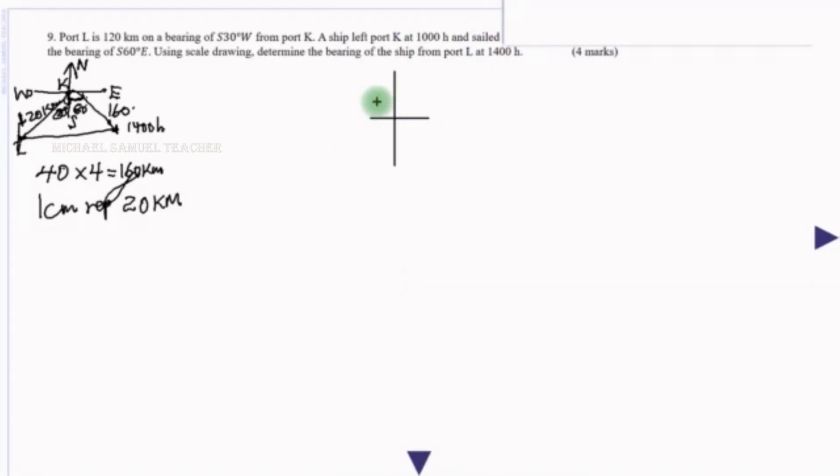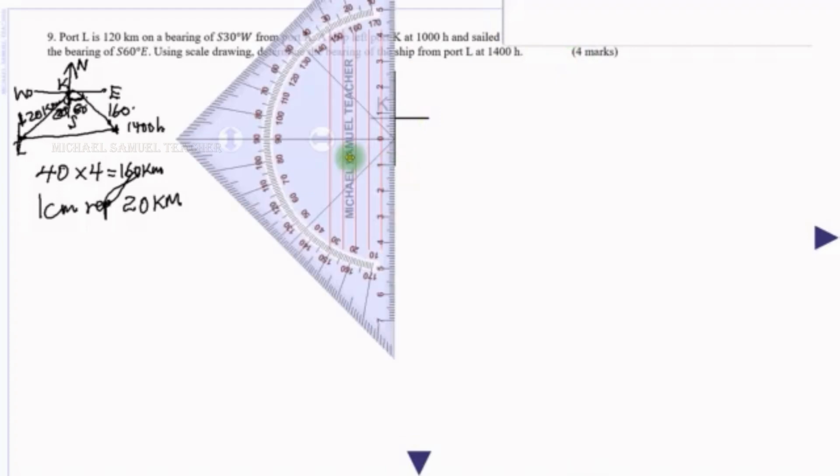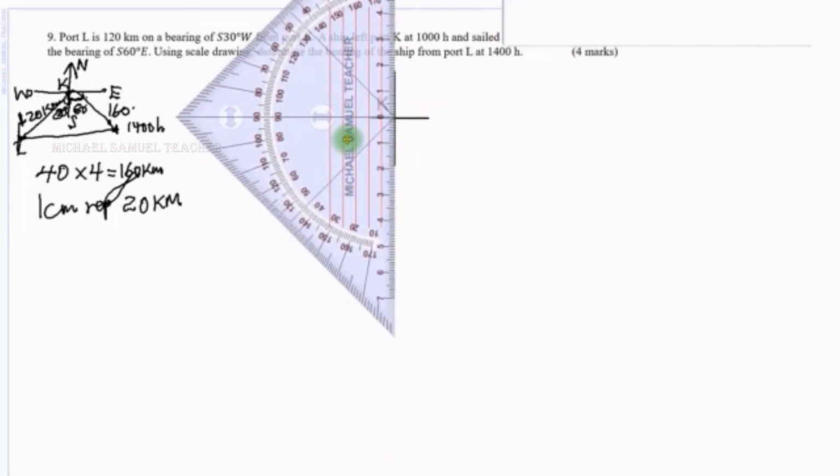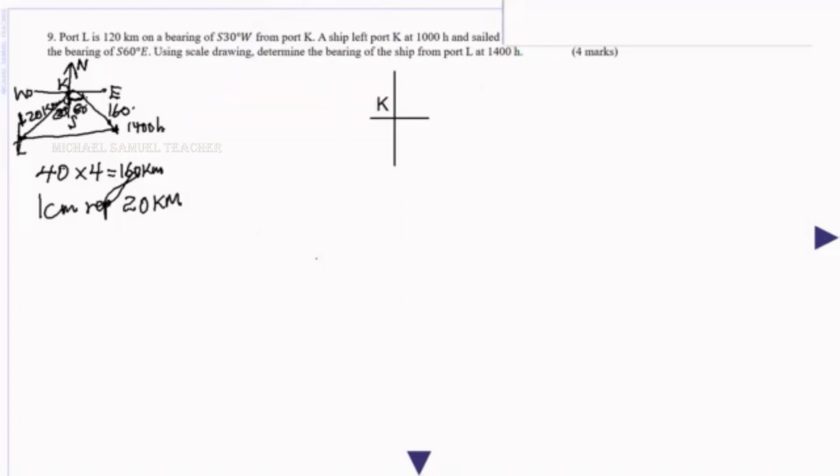So from here, then I'll measure an angle of 30 degrees. So 30 degrees, where will it be? It will certainly be there. So then let me remove it. Then I use a ruler.